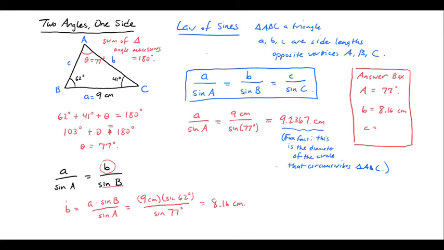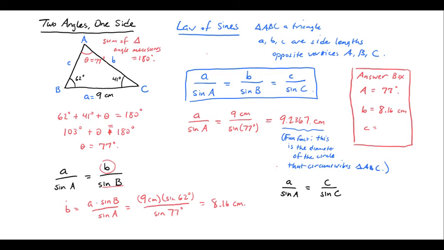By the way, when I pick which law I'm going to use, law of sines or law of cosines, when doing a measurement problem, I always try to find a law where I have all of the pieces of information I need except for one of them, and I can solve for that last thing. So if I have two angle measures, like this one, and I have one opposite side, and I'm looking for the other opposite side, boom, that's a law of sines. So I'm going to write the rule, A over sine of A equals C over sine of C.